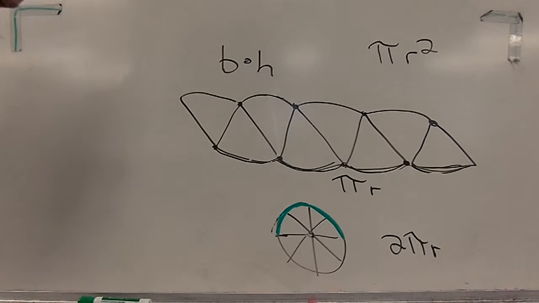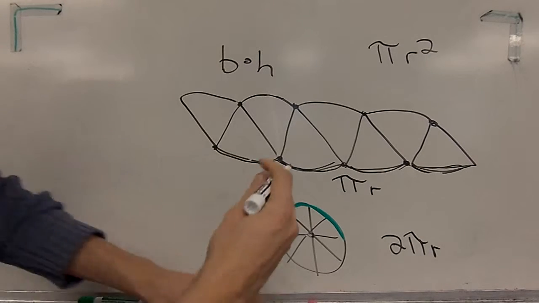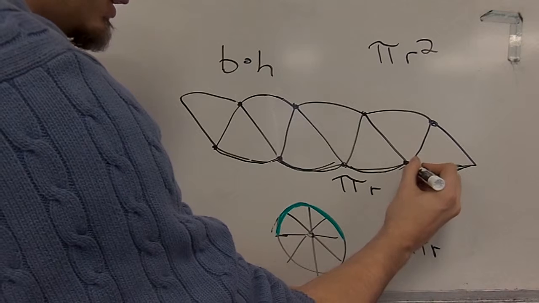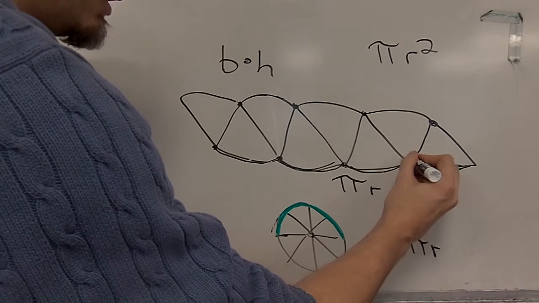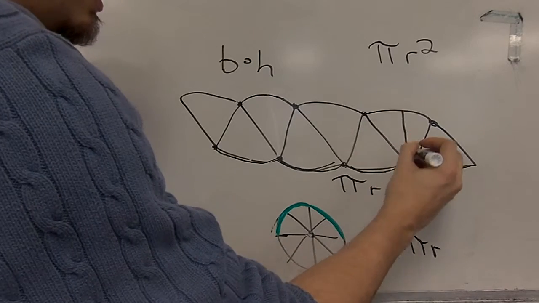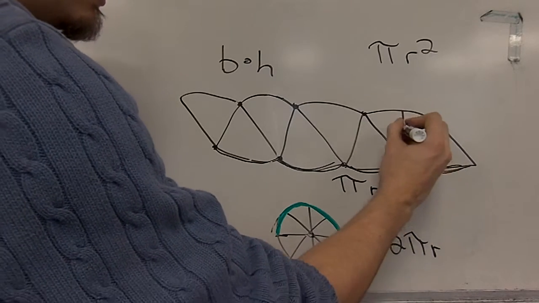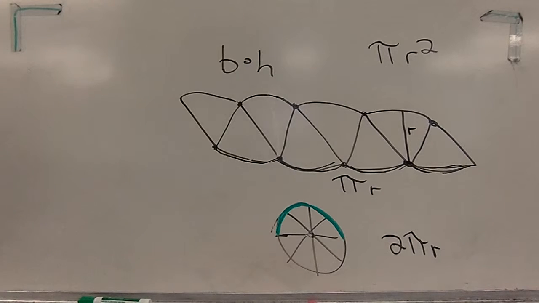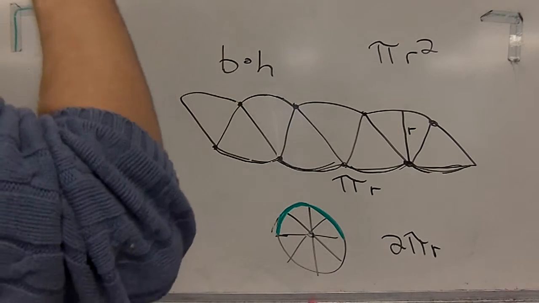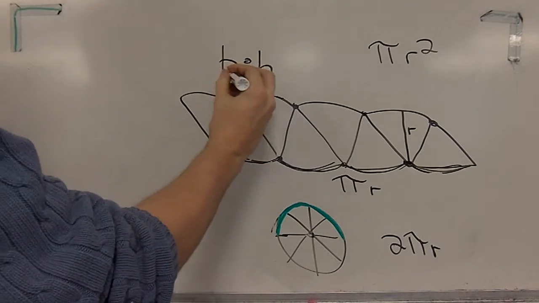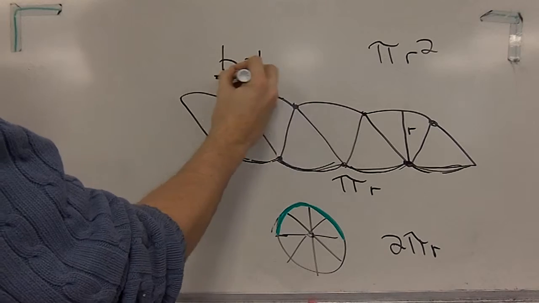My height of my parallelogram, in order to find the height, you have to go from the very bottom to the very top. So we're going from here to here. The height is actually the radius of my circle. So the height of my parallelogram is the radius of my circle. And in order to find the area of a parallelogram, you have to do base times height.